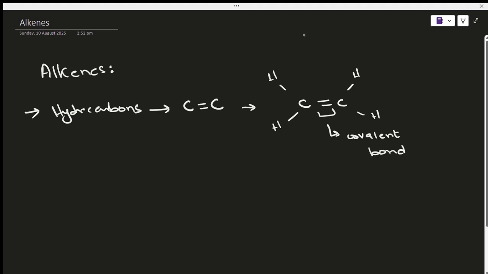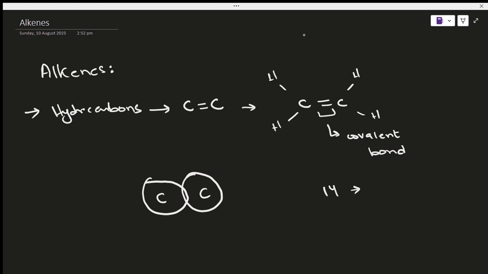And if I were to draw a dot and cross diagram to show you how the bonding works, how the electronic configuration works, it's going to look something like this. For example, you have a carbon, and that is bonded to one more carbon here. And carbon, we know, has the valency of 4, which means it has the tendency to share 4 electrons, meaning it can gain 4 electrons to complete its outermost shell, right?